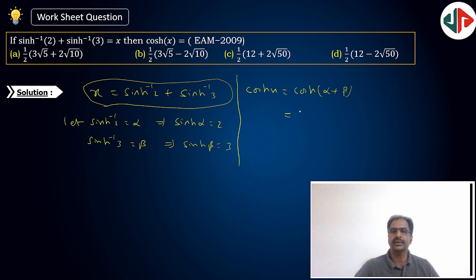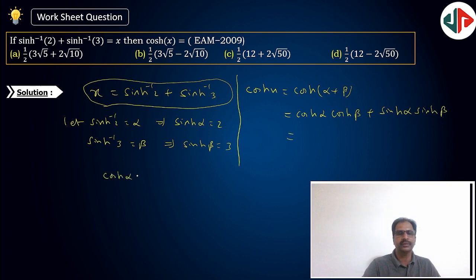What is the formula for cosh of alpha plus beta? Cosh alpha cosh beta plus sinh alpha sinh beta. If sinh alpha is 2, what will be cosh alpha? Cosh alpha is under root 1 plus sinh square alpha, which is root 5. Cosh beta is nothing but under root 1 plus sinh square beta, 1 plus 9, which is root 10.